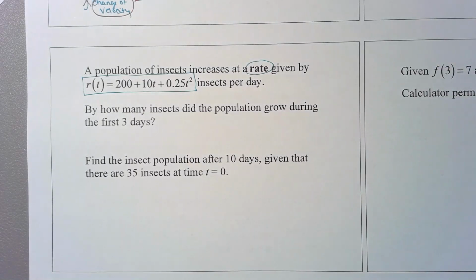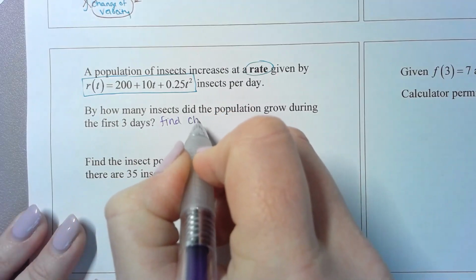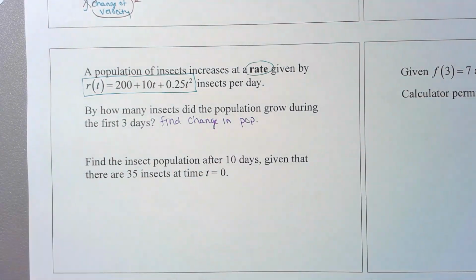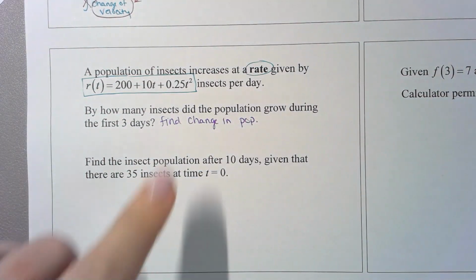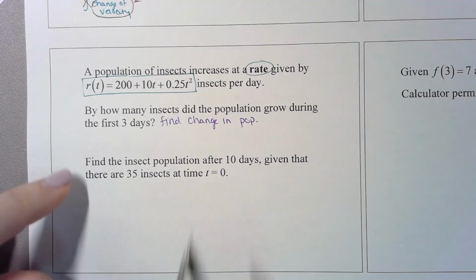So I'm asking essentially to find the change in the population, right? Did it increase? Well, I know it increases, but by how much did it increase? What's the change in the population, okay? And so that goes back up to here.